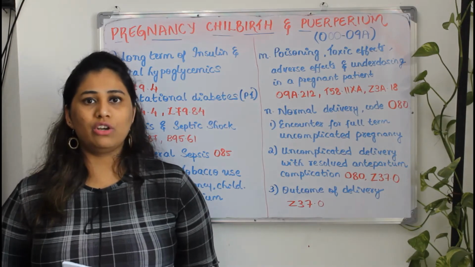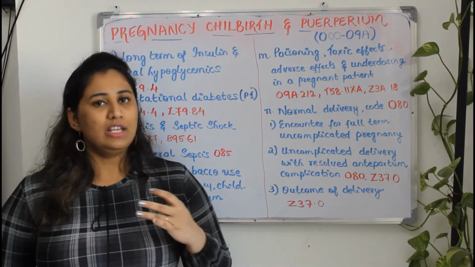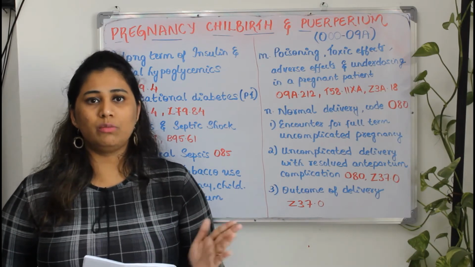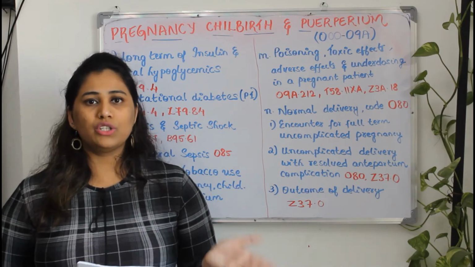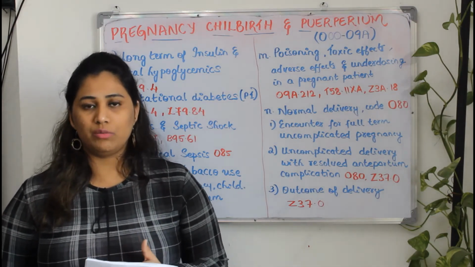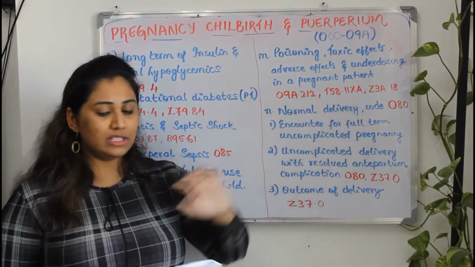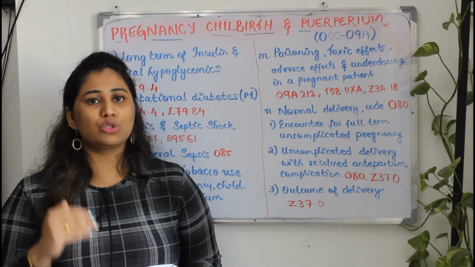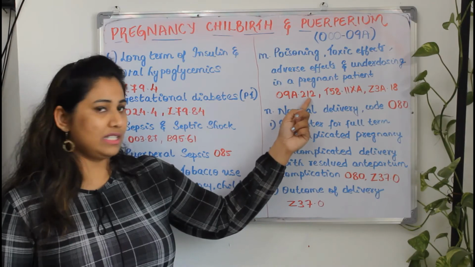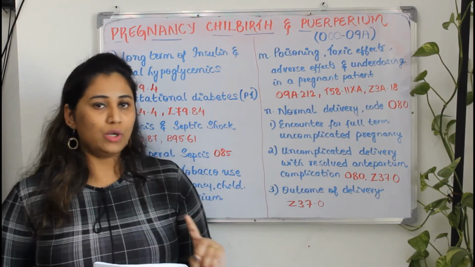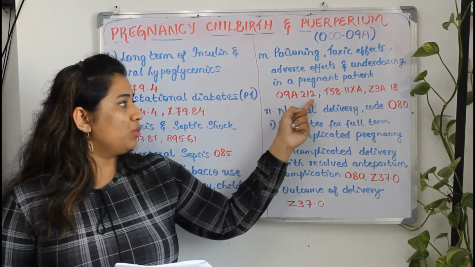In the first video I told you how the trimesters are categorized: up to 13 weeks and 6 days is the first trimester, then 14 to 27 weeks and 6 days is the second trimester, and from 28 weeks it is the third trimester. Here in the example, they have clearly stated the patient is 18 weeks pregnant, so you consider it the second trimester. If it was 10 weeks, it would be the first trimester.